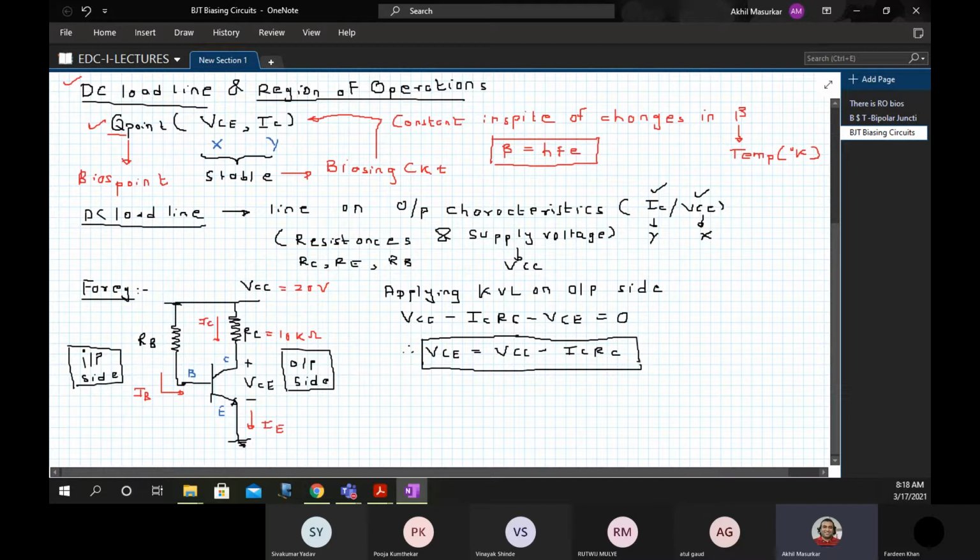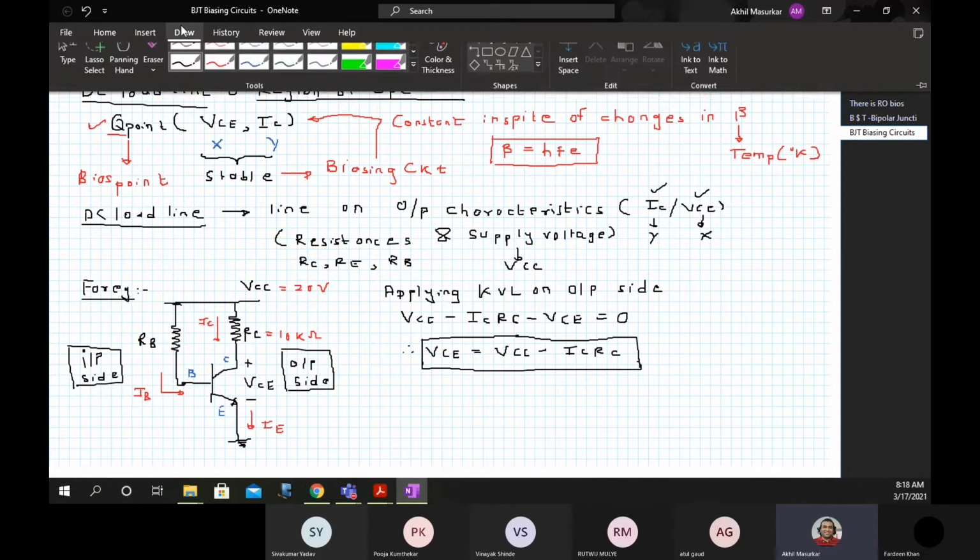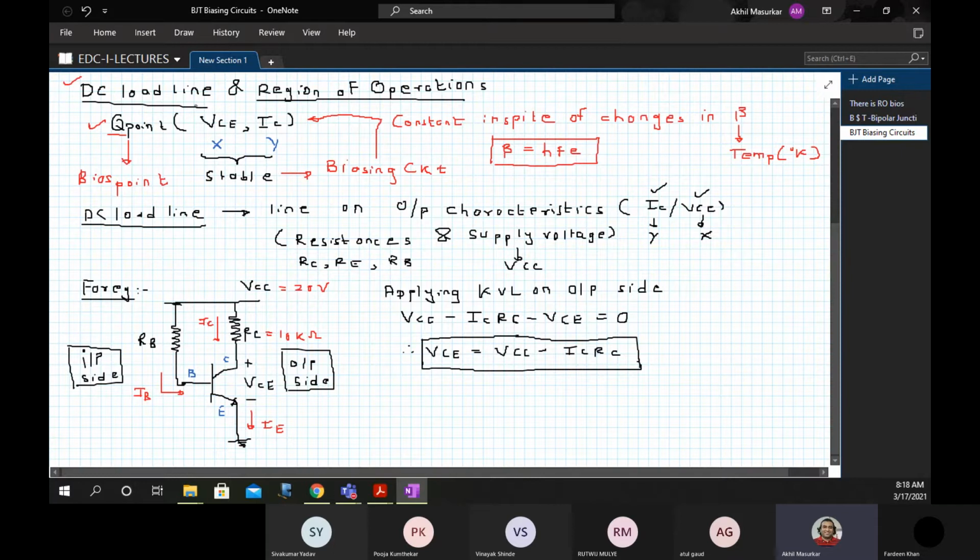Now, a very important point. What is the general equation of a line? We have said that the DC load line is a line on the output characteristics with Y equal to IC and X equal to VCE.